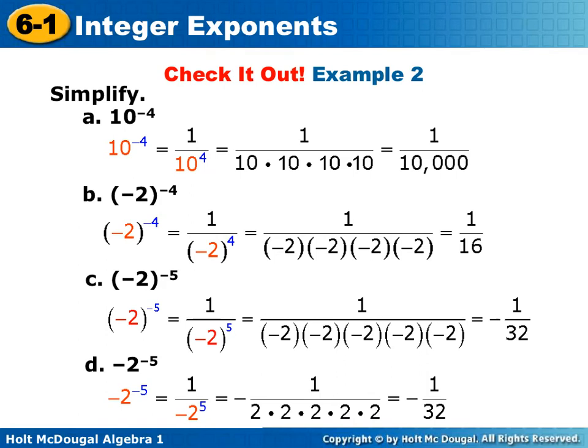All right, here are 4 more examples. Again, the negative 4 exponent makes it a fraction, and then you would figure out 10 times 10 times 10 times 10. This one, the negative sign is held in, and it's a negative exponent, so negative, negative. The negative 4 makes it go to the bottom, and then you would multiply the negative 2 four times.